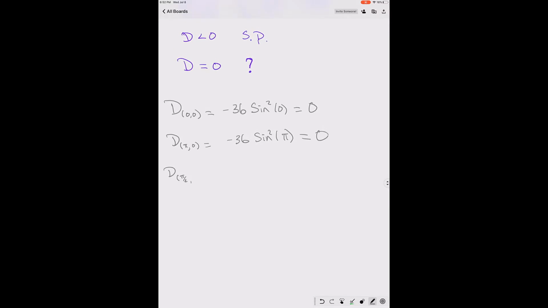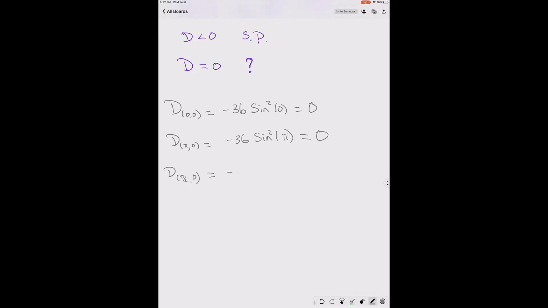So when x is equal to pi over 2, my y, at the extreme, would be 0. Or I could use 2 pi, right? But 0 and 2 pi are the same thing. Cosine of 0 and the cosine of 2 pi are the same thing. So I'm just going to use 0.